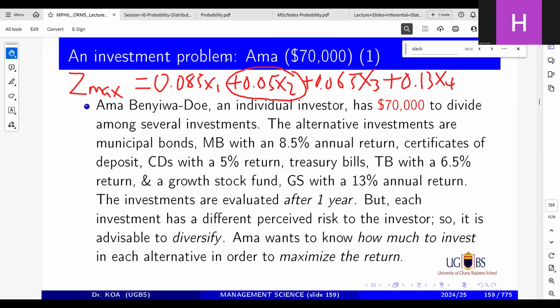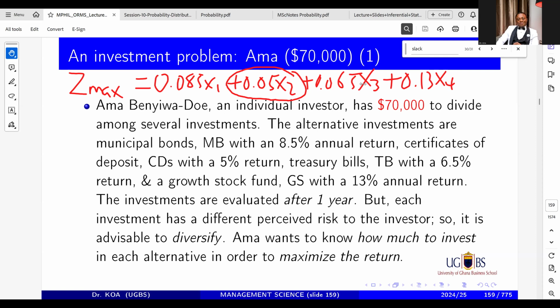Harold, hello sir, your network has dropped, that's why. That's certificate of deposit. So it is not even the amount, it's the total return obtained from investing in certificate of deposit.